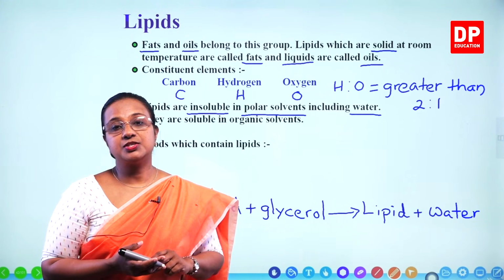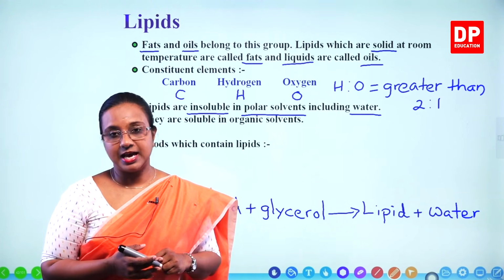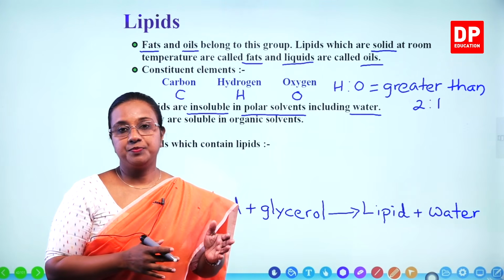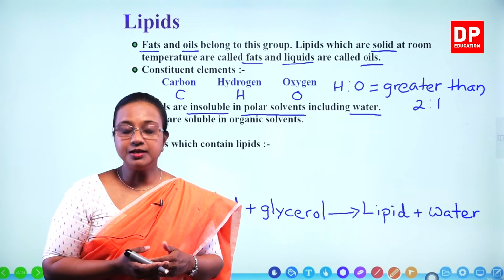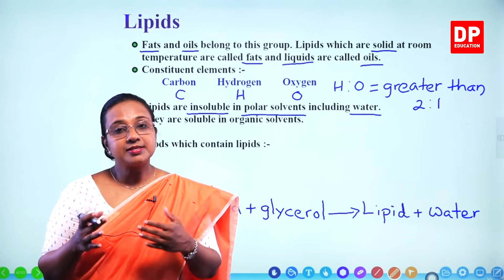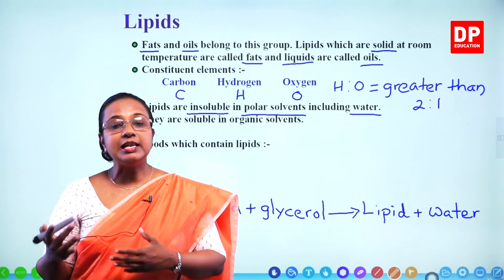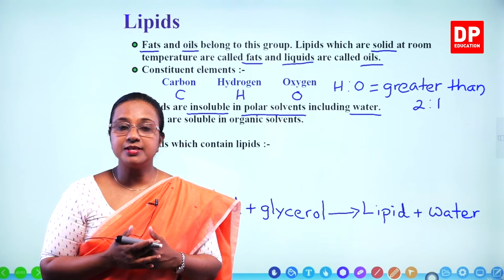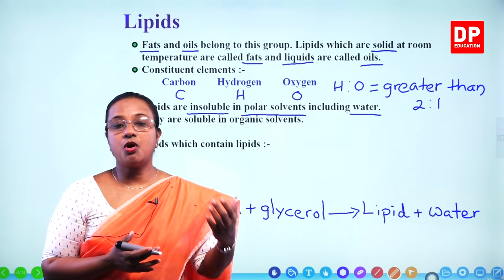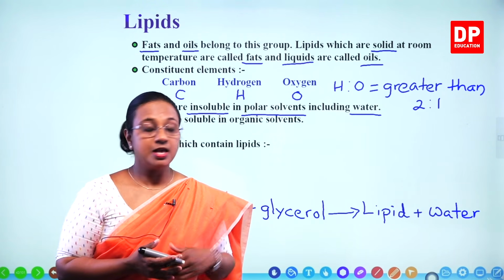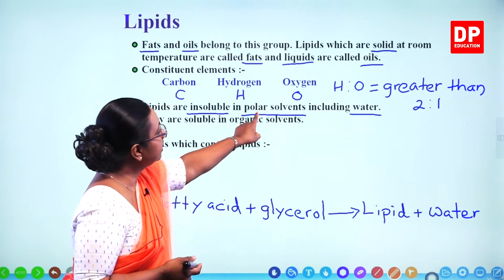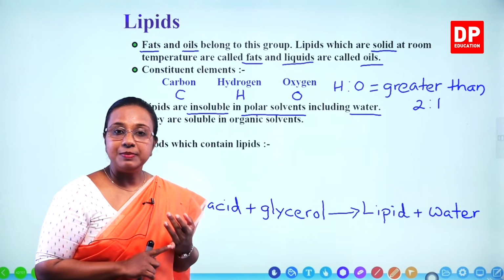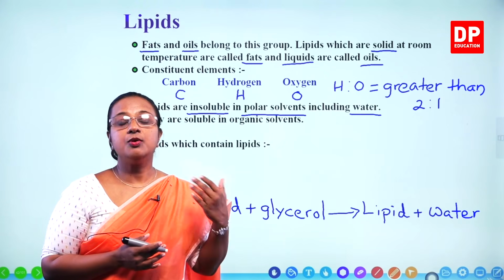And out of these solvents, there are two main types. One is polar. Solvents like water is a polar solvent. Whereas solvents like oil, kerosene are known as organic solvents or non-polar solvents. So, here lipids are insoluble in polar solvents. So, lipid does not dissolve in water.